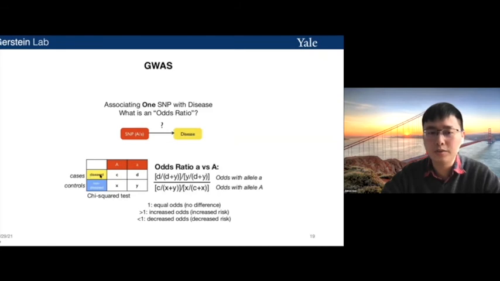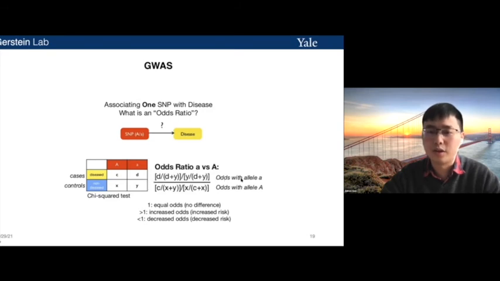For example, in the disease group, you could count how many uppercase A and small a there are, and in the non-disease group, these are two different values. And you could calculate the so-called odds ratio in this cohort.